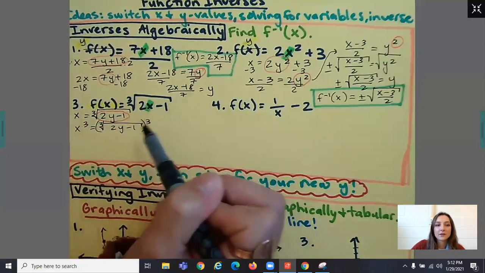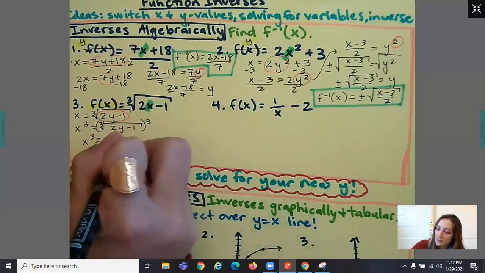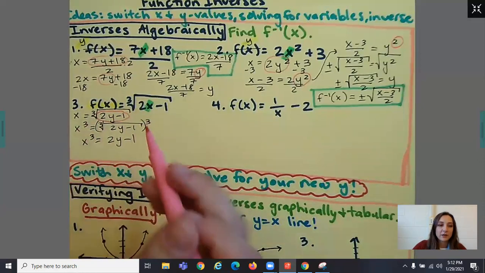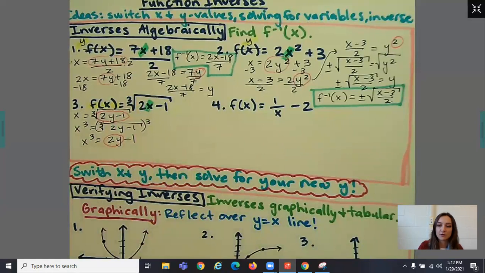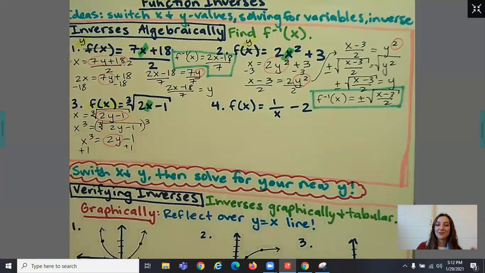Okay, the cube root and the cube are opposites of each other, so we're going to get x to the third equals 2y minus 1. All right, now, y is being multiplied by 2, but then 2y is having 1 subtracted from it, so we're going to add 1 to both sides. What is x to the third plus 1? x to the third plus 1.